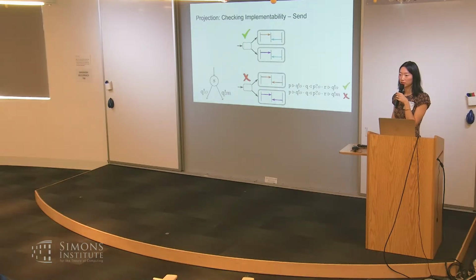Okay, but then if you don't have a local choice, so you don't know whether you go left or right, how do you implement this? Do you mean for which role? For here, all your examples had local choice.